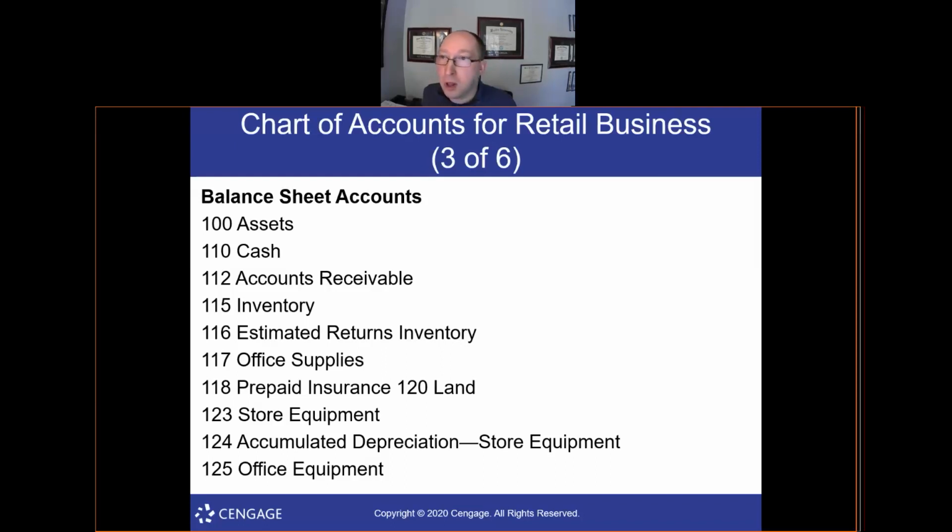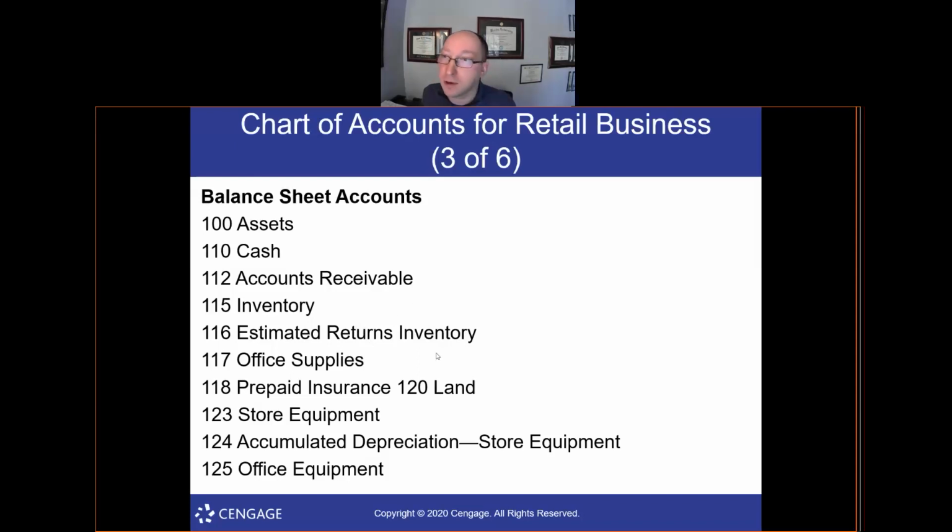For example, you're selling jeans in your store, and a customer buys the jeans, goes home, tries them on, they don't fit, so they return them. We estimate an amount that we expect will come back to us each month or each year.